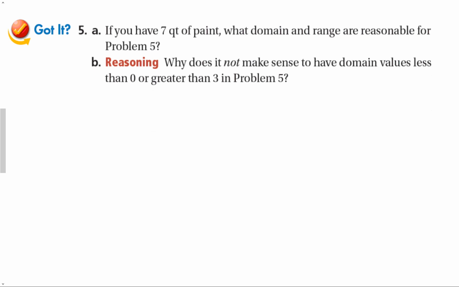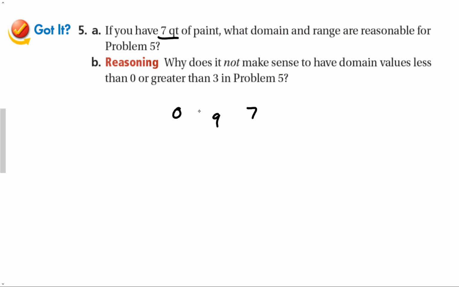If you have 7 quarts of paint, what domain and range are reasonable for problem 5? Well, the domain would be that your quarts of paint, if you have 7 and you can't get any more, right, the quarts of paint are going to be between 0 and 7.